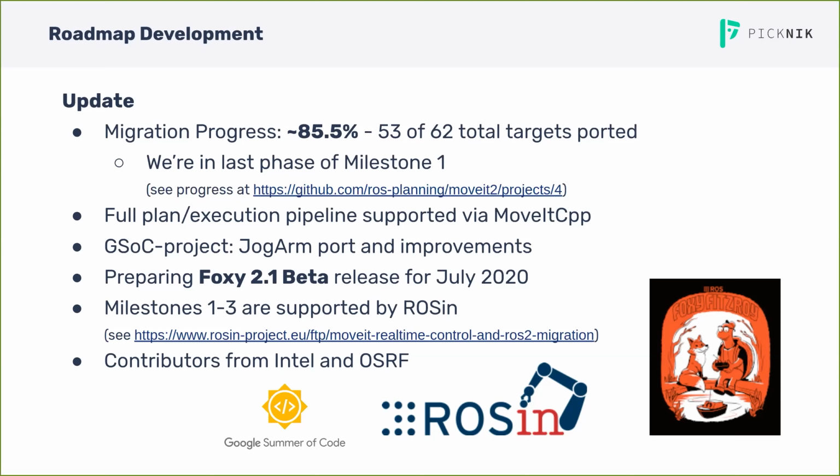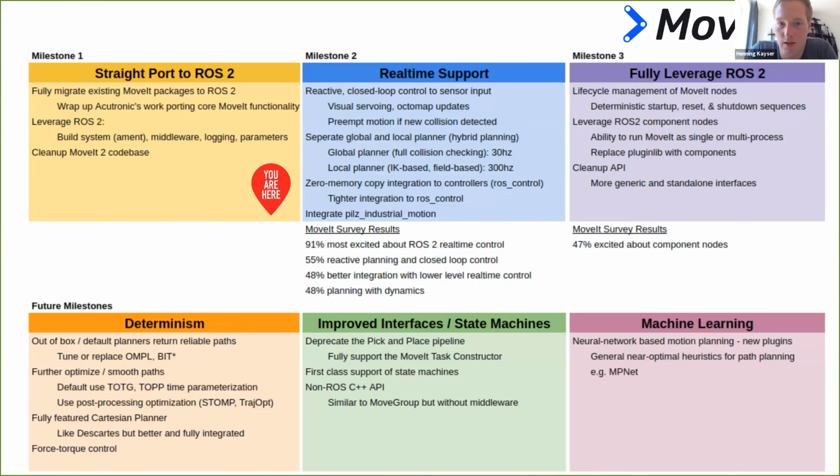Okay. And then for milestone 2 and 3, those are also supported by ROS-I, right? Do you have any expected timelines on that? Yeah, that's a really interesting question because, as maybe already indicated by how I described the real-time support, part of milestone 3 will probably be required for getting milestone 2 completely done.